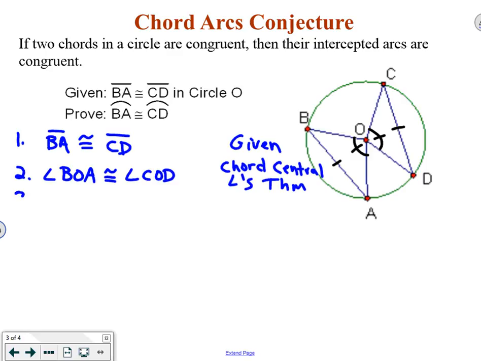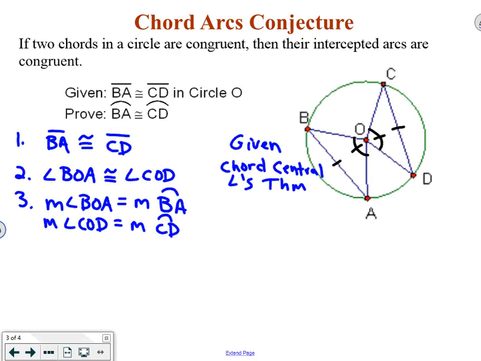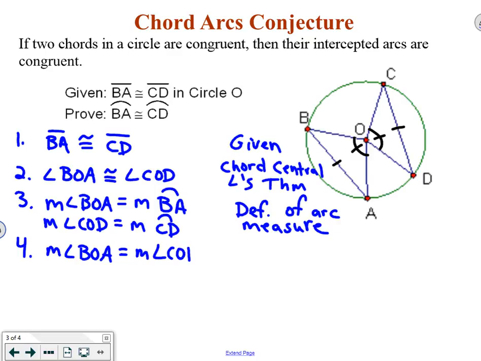So step 3, we're going to say the measure of angle BOA is equal to the measure of arc BA, and the measure of angle COD is equal to the measure of arc CD by the definition of arc measure. So we need to change our statement of congruency from step 2 to a statement of equality, by the definition of congruence.